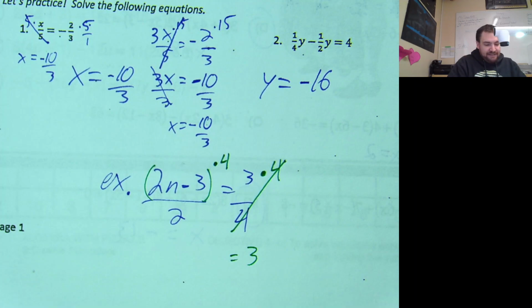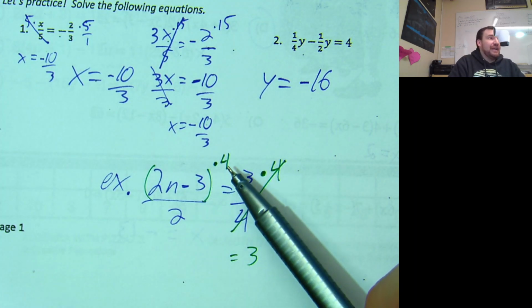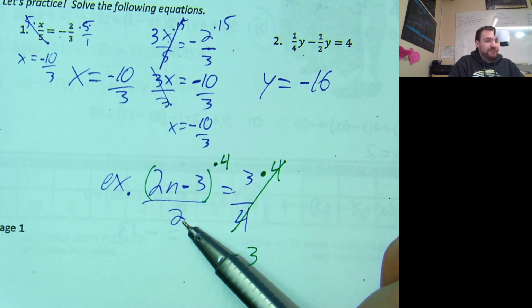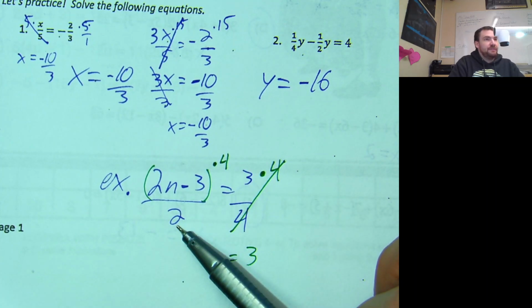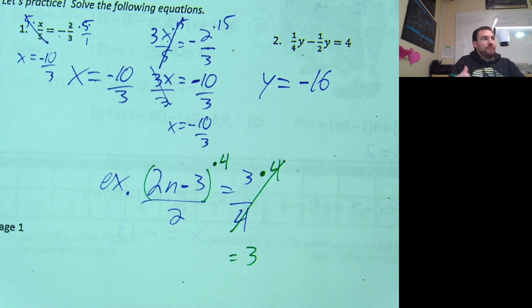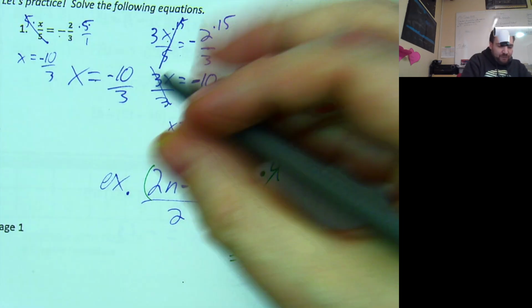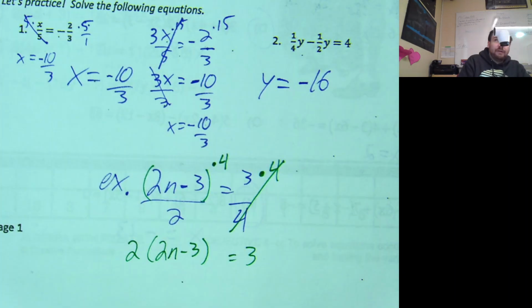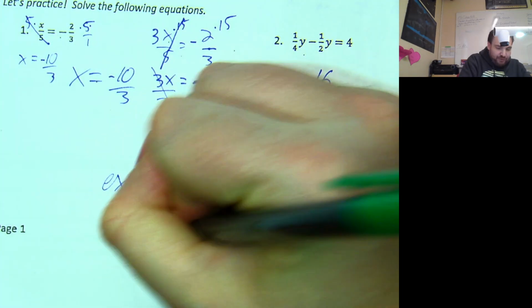On the left-hand side, I do what we did before. The thing that I'm multiplying by, divided by my denominator. So 4 divided by 2 is 2. And then I'm going to multiply the numerator by 2. In this case, what that means is I put a 2 out front of the set of brackets, and then I distribute it in.